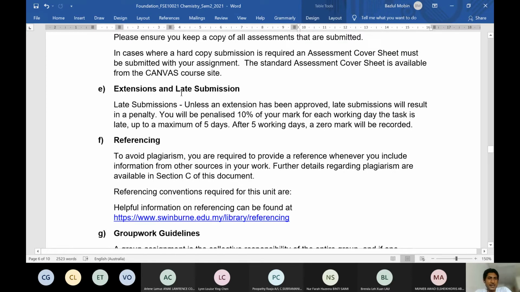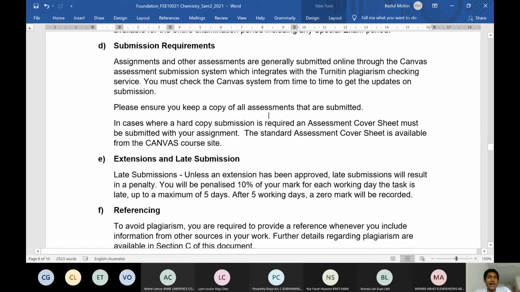And for extension and late submission, for all the assessments like the mid-sem test, final assessment 1, and final assessment 2, the time, date, medium and arrangement will be given to you at the beginning of the semester, like now I'm telling you when the test will be.